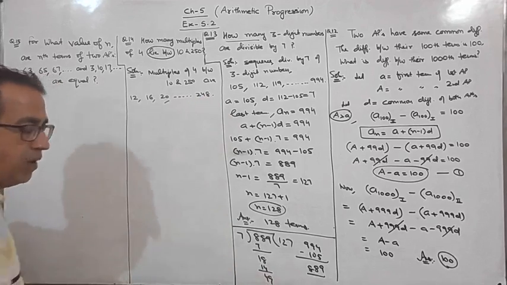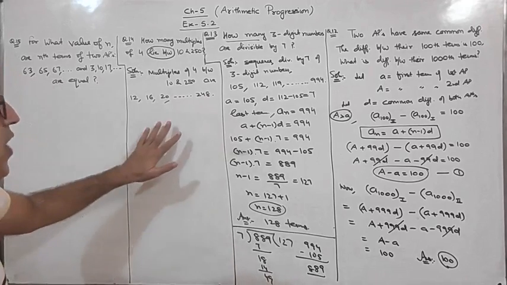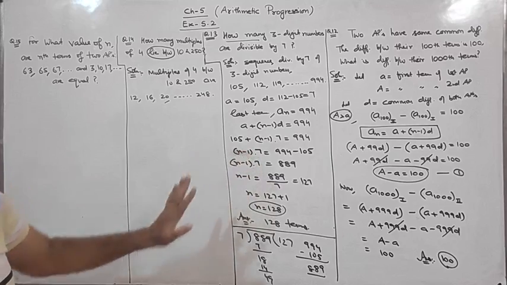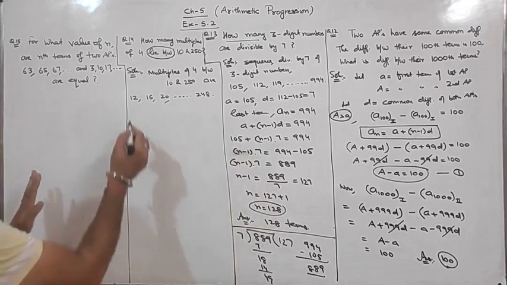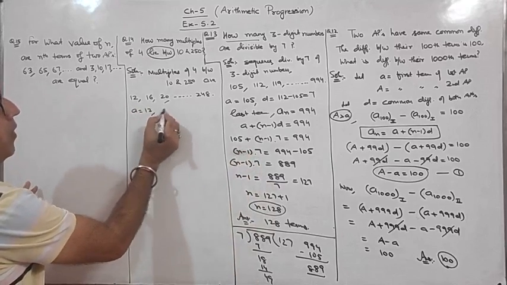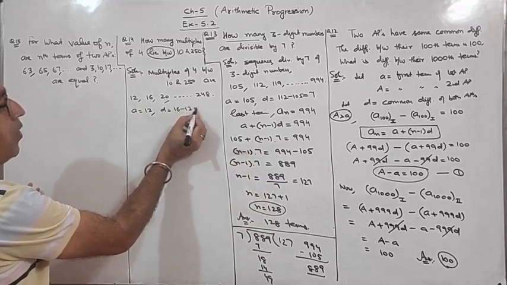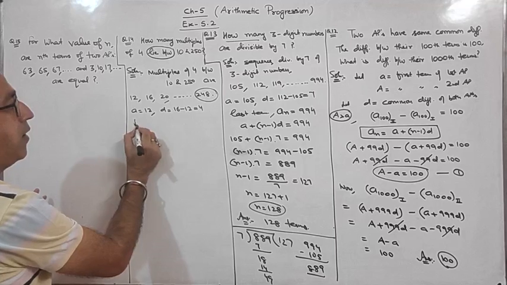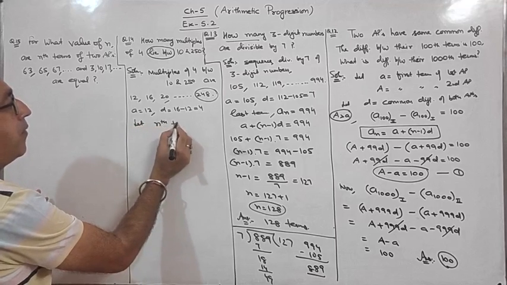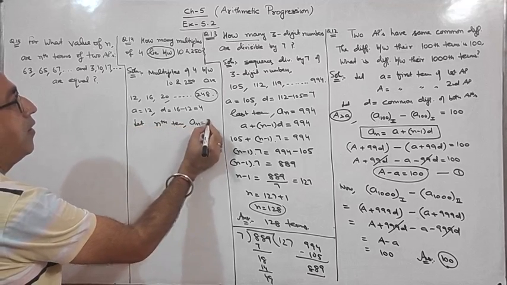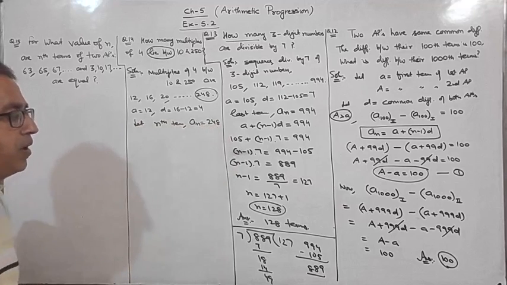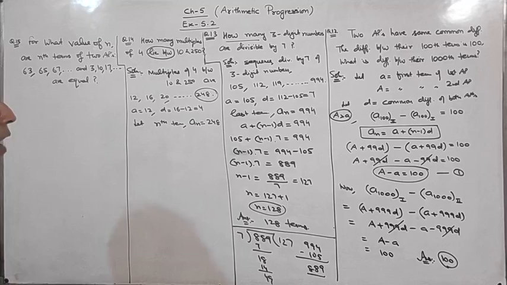Now it is the same as this question number 13. A is given 12, D is 16 minus 12, 4, and let nth term an is 248. Now we have to find out n.